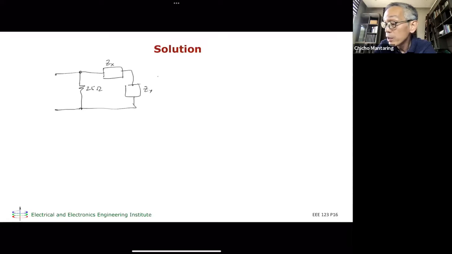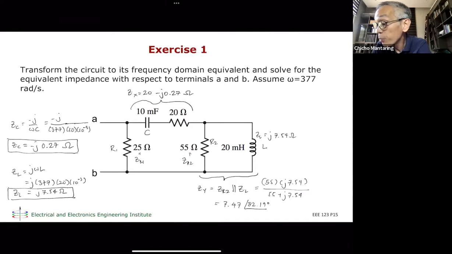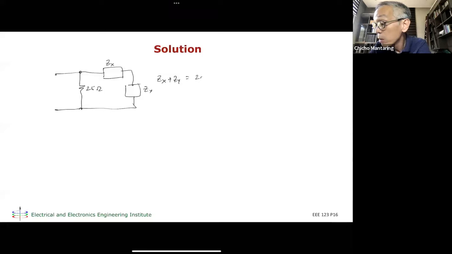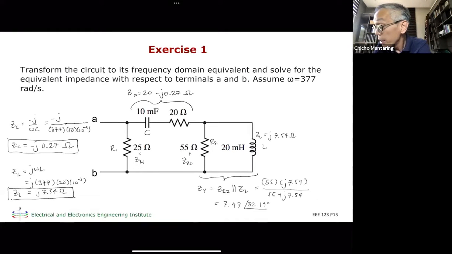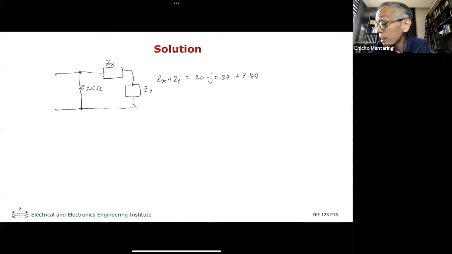Okay, so Z_X plus Z_Y is now going to be 20 minus j0.27 plus 7.47 at an angle 82.19 degrees.